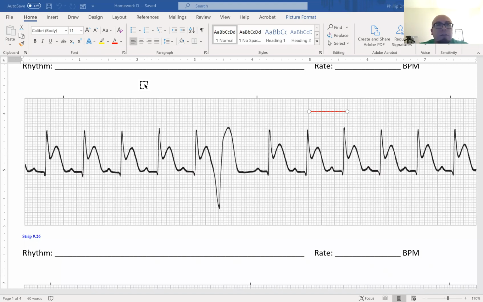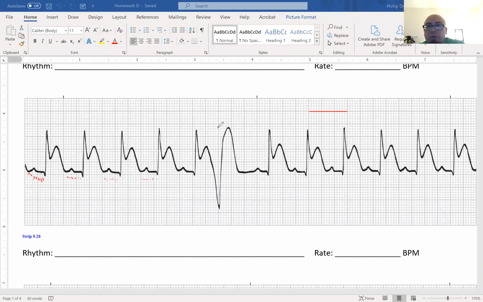All right, so now let's look at our PR interval. We have the beginning of our P wave right here, which means we have 6 boxes. 6 boxes. 6 boxes. 6 boxes.